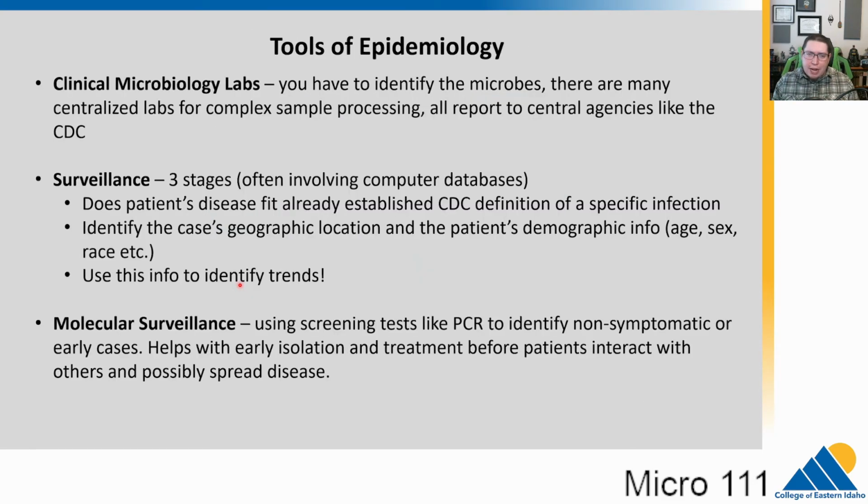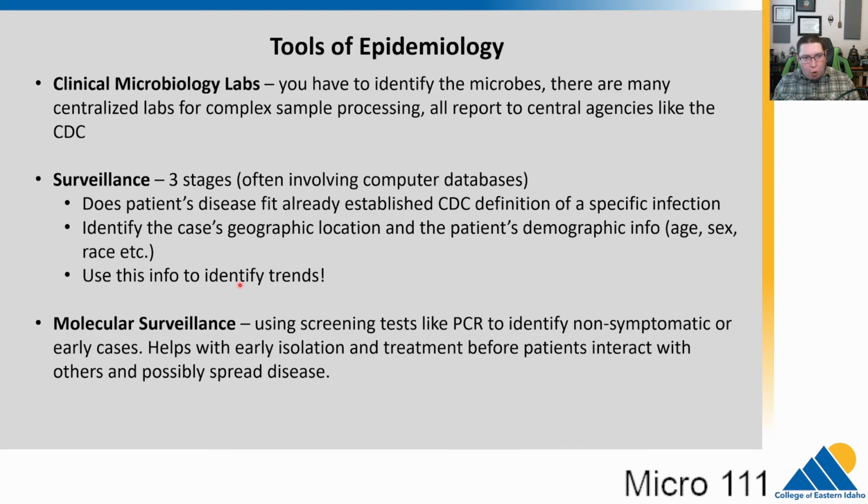How do we get this data? Well, here's where we use what we call the tools of epidemiology. Obviously, clinical microbiology labs are super important because to report incidence of disease, you got to identify the microbe. There are often centralized labs that things can be sent to for complex sample processing.